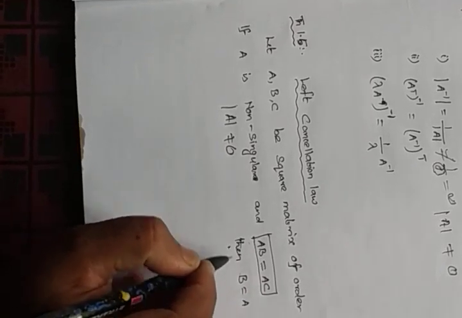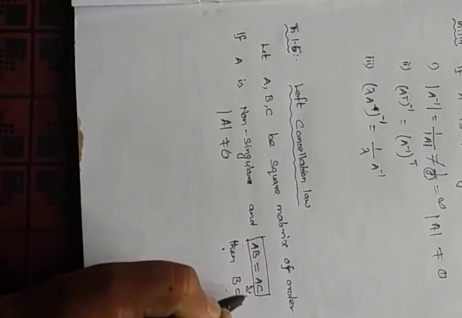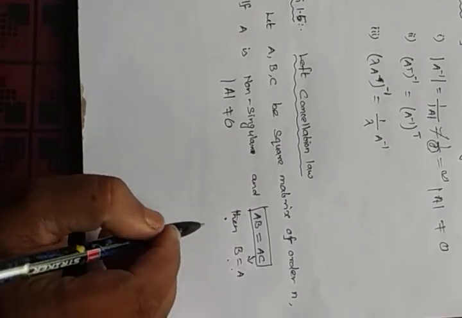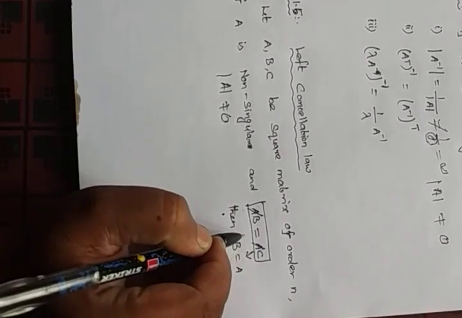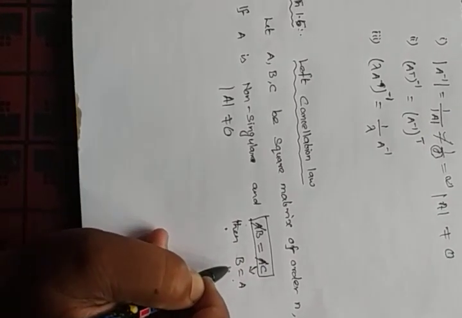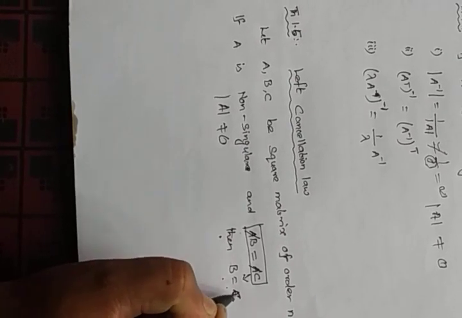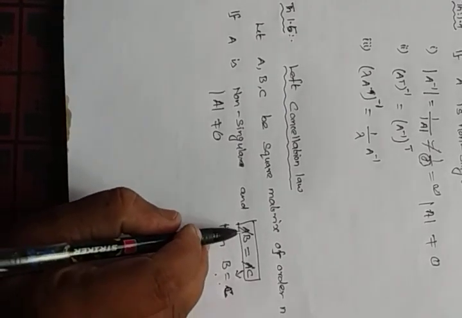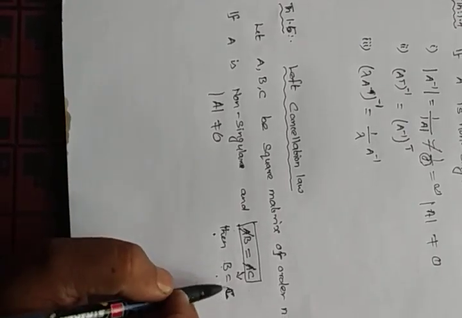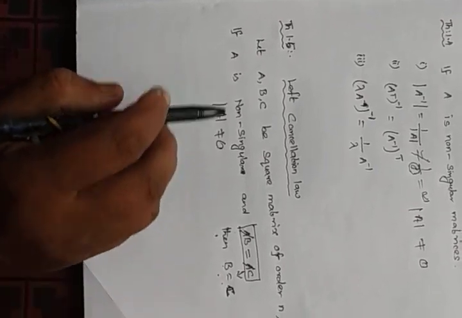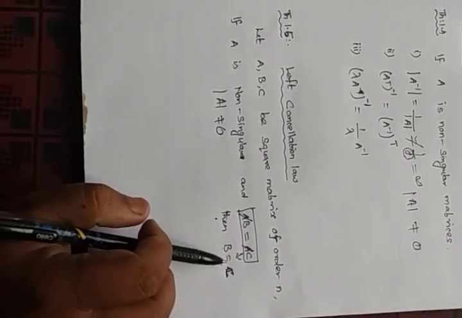This A and this A are going to cancel, so we get the result B equals C. AB equals AC, A gets cancelled, then we have B equals C. Before, I wrote B equal to A, that's wrong. B equal to C is what we need to write.